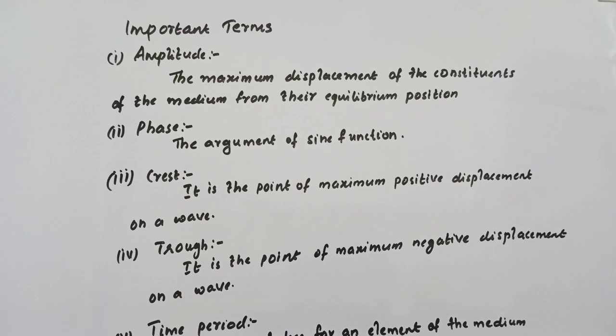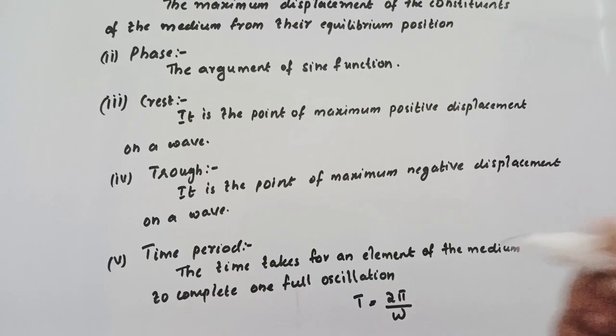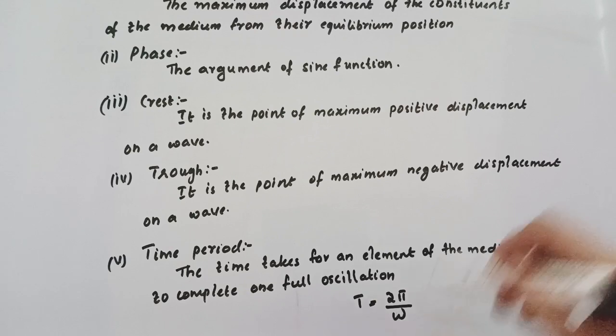Next, trough. It is a point of maximum negative displacement on a wave. Next, time period. It is the time taken for an element of a medium to complete one full oscillation. That is, we can define time period T = 2π/ω.